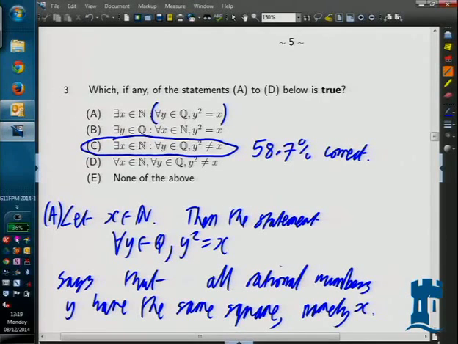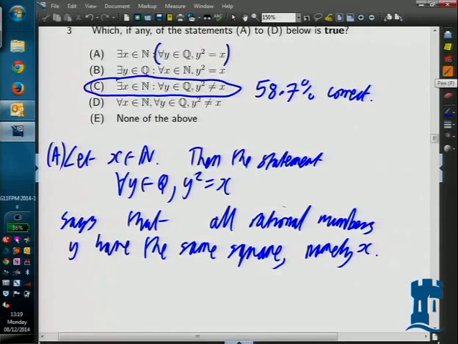And this is clearly ridiculous. So this is clearly false.